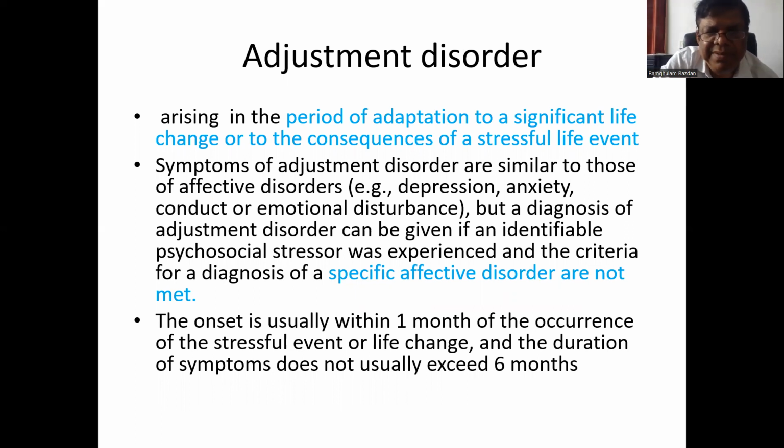But it is a very difficult diagnosis. Adjustment disorder can be given if there is an identifiable psychosocial stressor and the criteria for diagnosis of a specific affective disorder are not met. The onset is usually within 1 month of the occurrence of the stressful event.